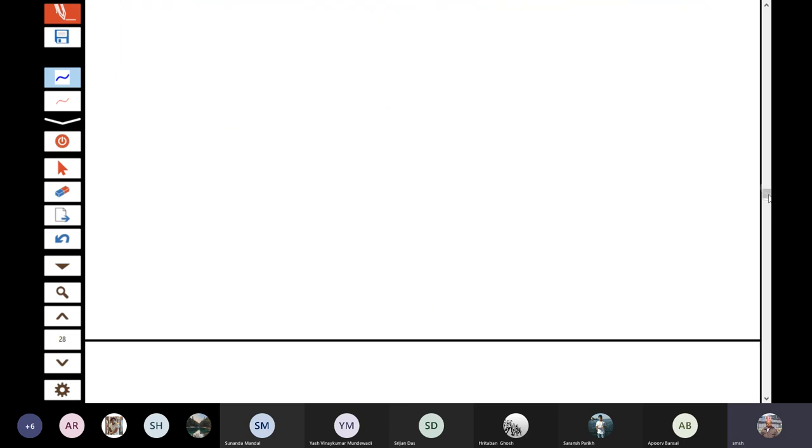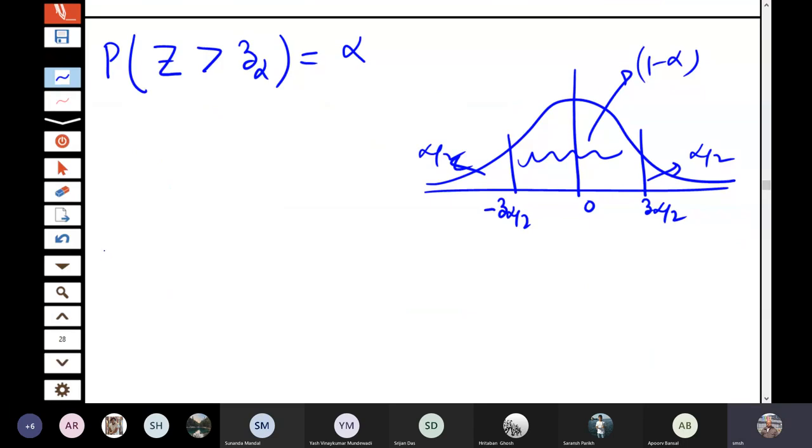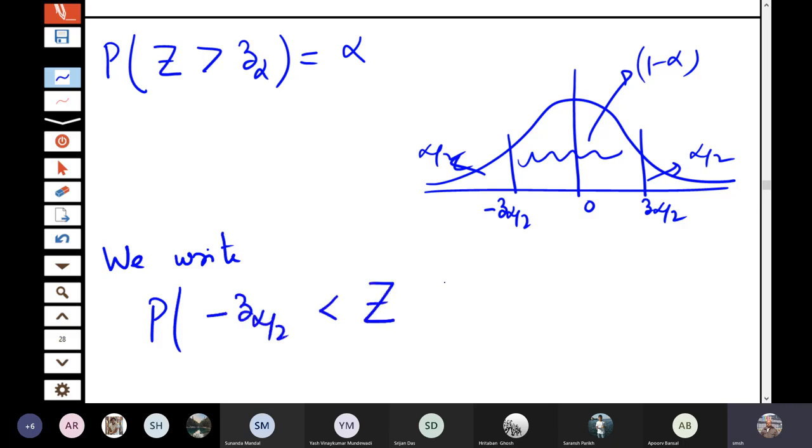So we write here then the statement: probability that minus z alpha by 2 less than Z less than z alpha by 2 is equal to 1 minus alpha. The probability that a standard normal random variable lies between minus z alpha by 2 to plus z alpha by 2 is equal to 1 minus alpha.